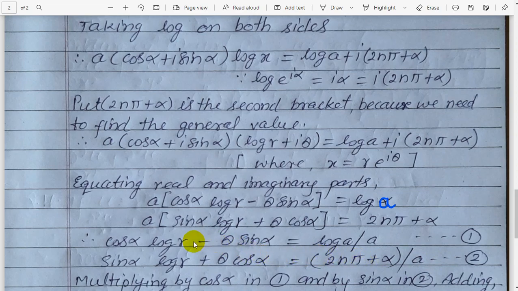Now we need to find the values of log r and theta from these two equations. We have to solve equation 1 and equation 2 simultaneously for the values of log r and theta.